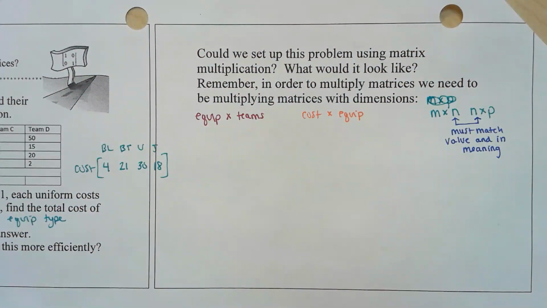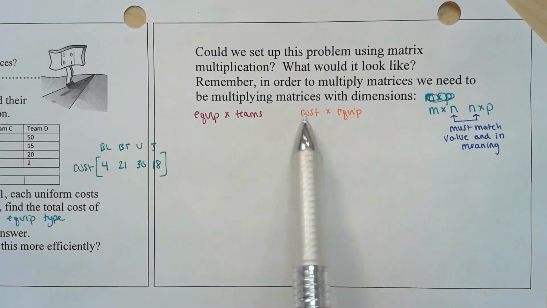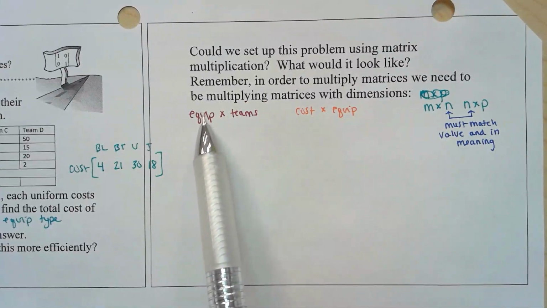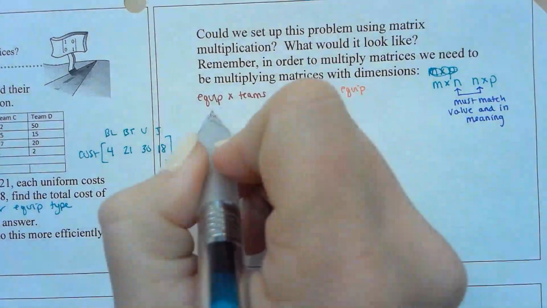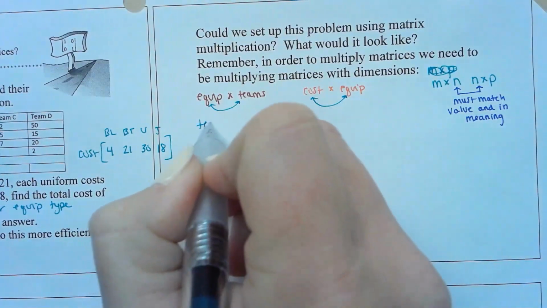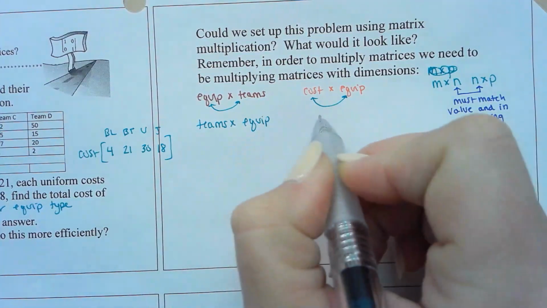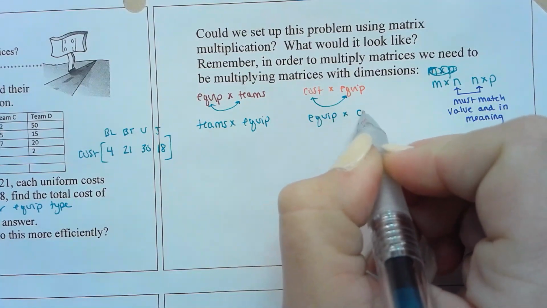I really didn't think about it, but I'm going to think about it now. If I want to multiply these together, these inside things have to match. How they're written right now, I have equipment on the outside. So we're going to switch these. We're going to do teams by equipment type, and equipment type by cost.